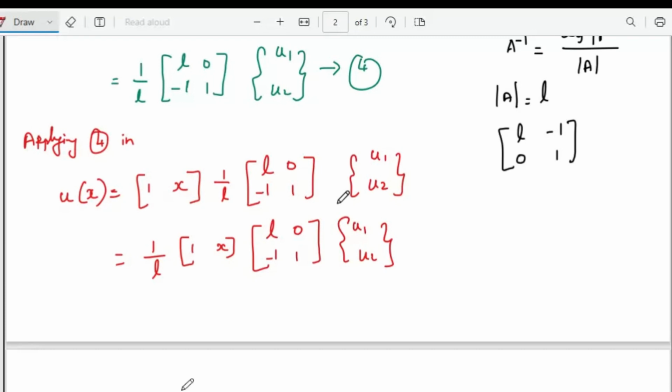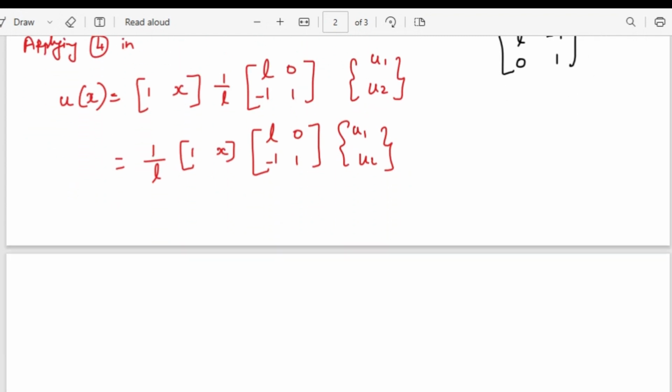So what we have is 1 by L into this one, which is one row and two columns, 1 cross 2.